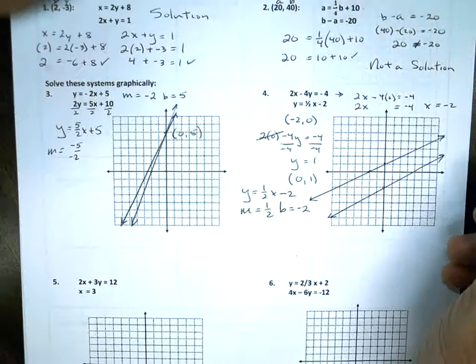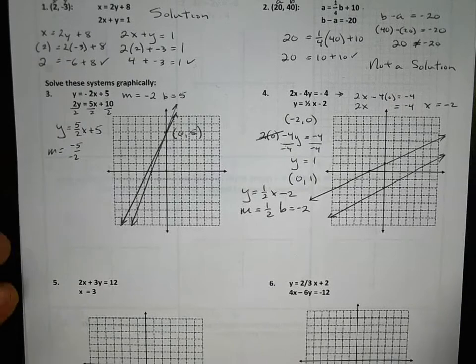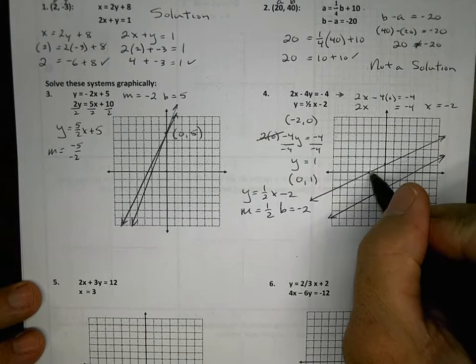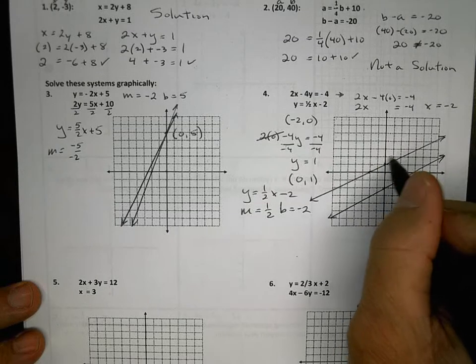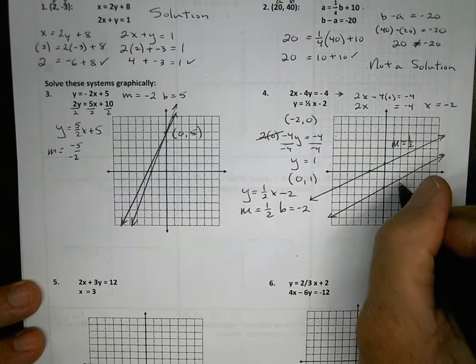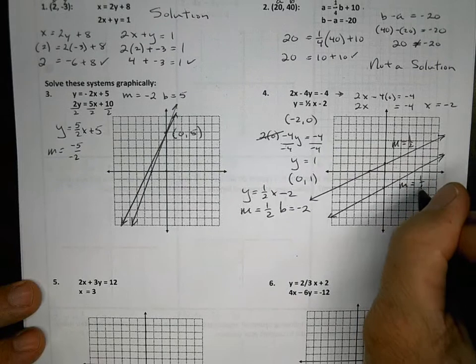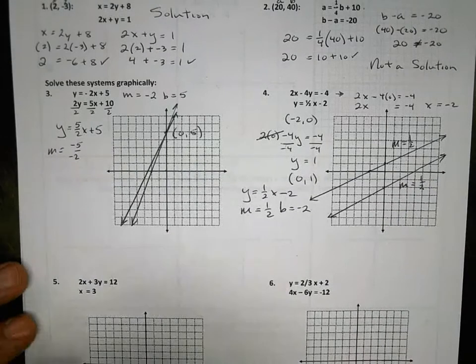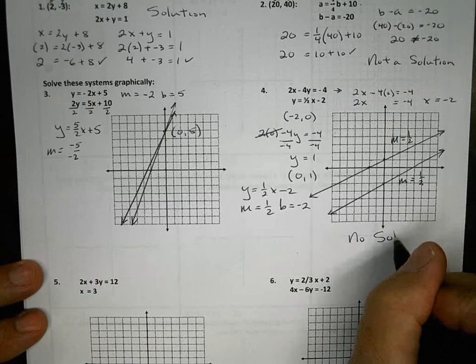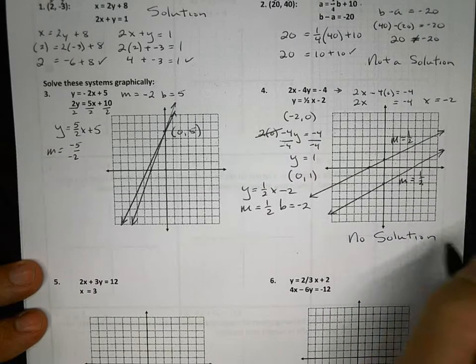Okay, now either these two lines are parallel or they're going to meet way out in space somewhere. And if I look at this line, I see rise 1, run 2, rise 1, run 2. So this has a slope of 1/2, and this has a slope of 1/2. So these two lines are parallel. Same slope means they're parallel. So we would say there is no solution. There's no point of intersection.